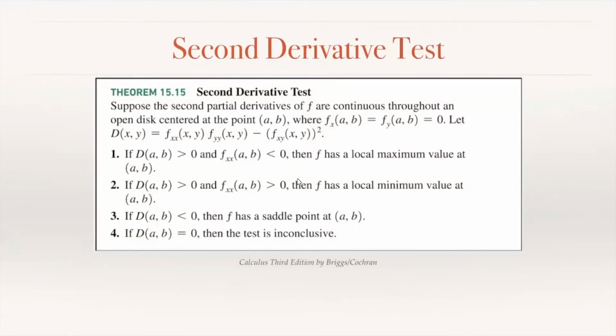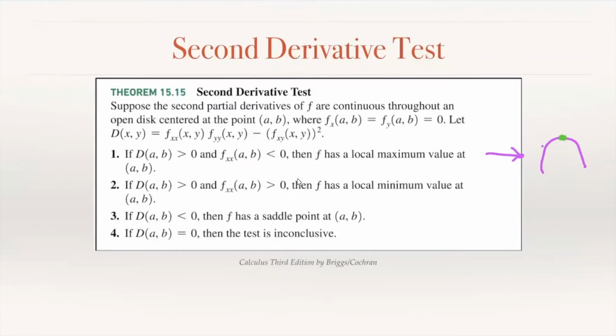Whether it's a local min or max depends upon whether the second non-mixed derivative is negative or positive. If the second non-mixed derivative, it could be either f sub xx or f sub yy, it doesn't matter, they write f sub xx, is negative, then it looks like this. That is a negative second derivative because the slope is decreasing, and then we have a local max.